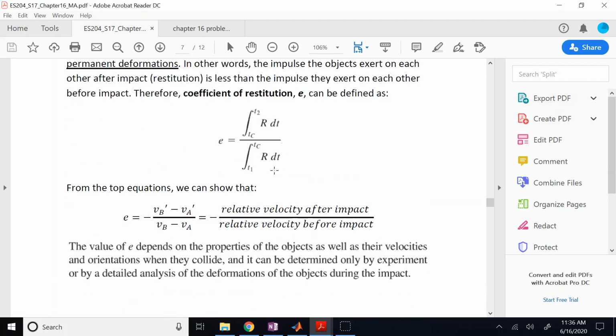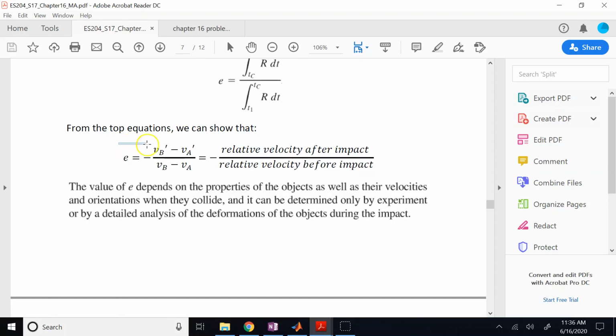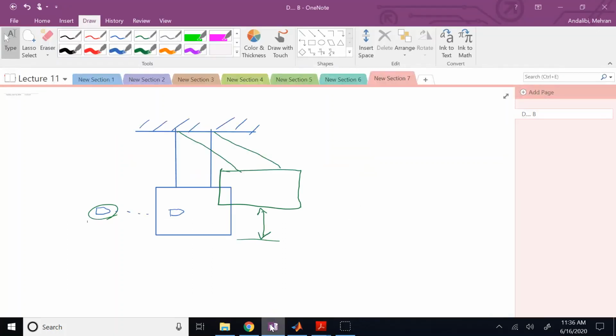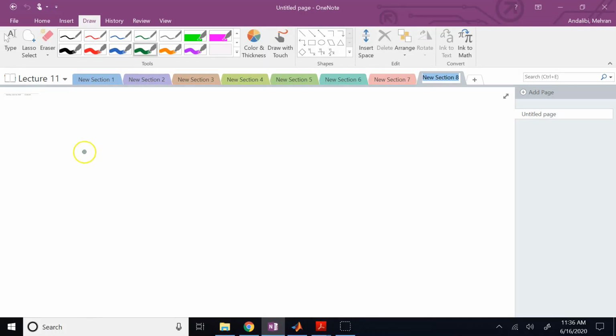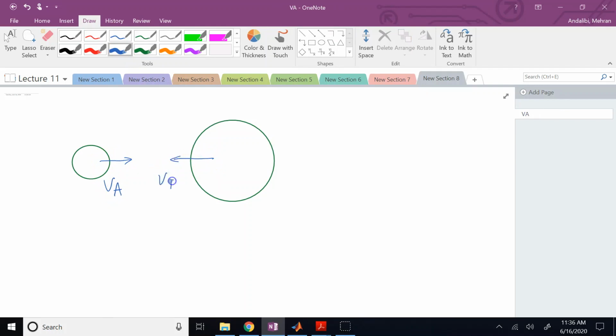But if you simplify, the one that we use and the one that is useful to us, the formal definition that we use for coefficient of restitution is this: negative of relative means subtraction, difference of velocities after impact over the same difference before impact, E. So now, for the central impact problem, where you have this object and then this one, and they come at each other with VA and VB, and with MA and MB, and then after impact they get separated with V prime A and V prime B.